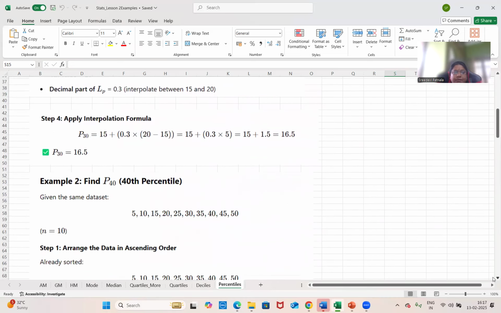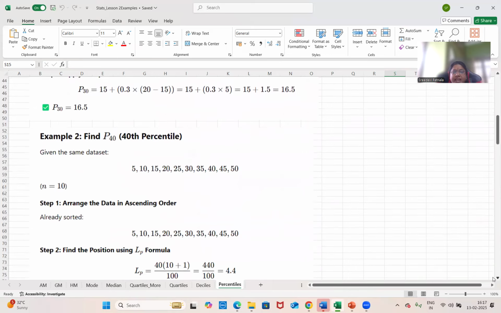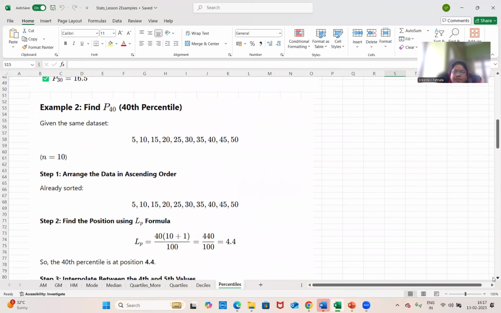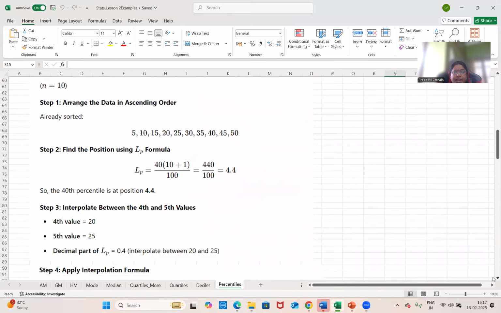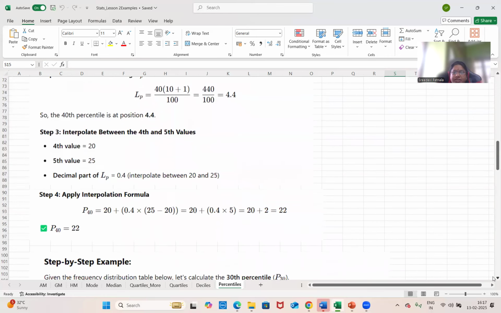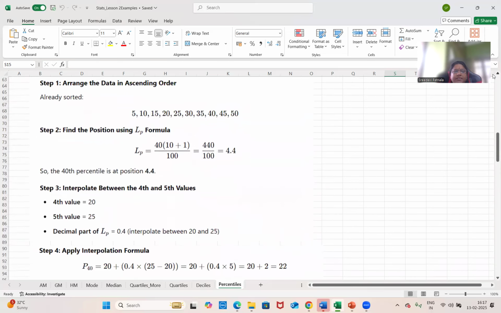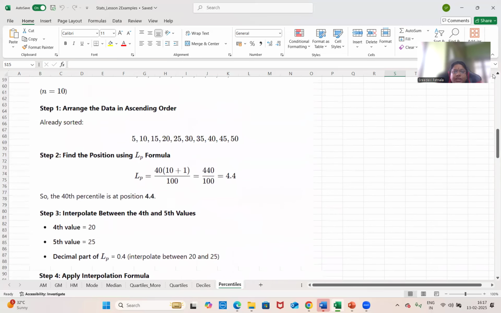Similarly, for the second example with the data set n equal to 10 and the same formula, for the 40th percentile, it is a similar problem. In the previous example you used 30, and here you will use 40 into (n plus 1) by 100.